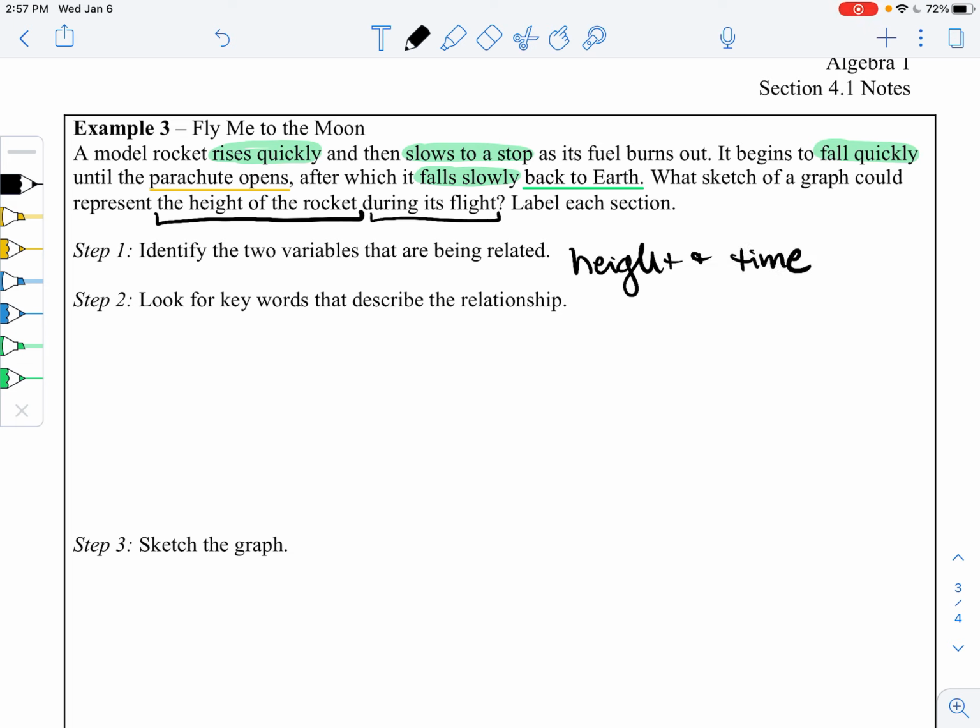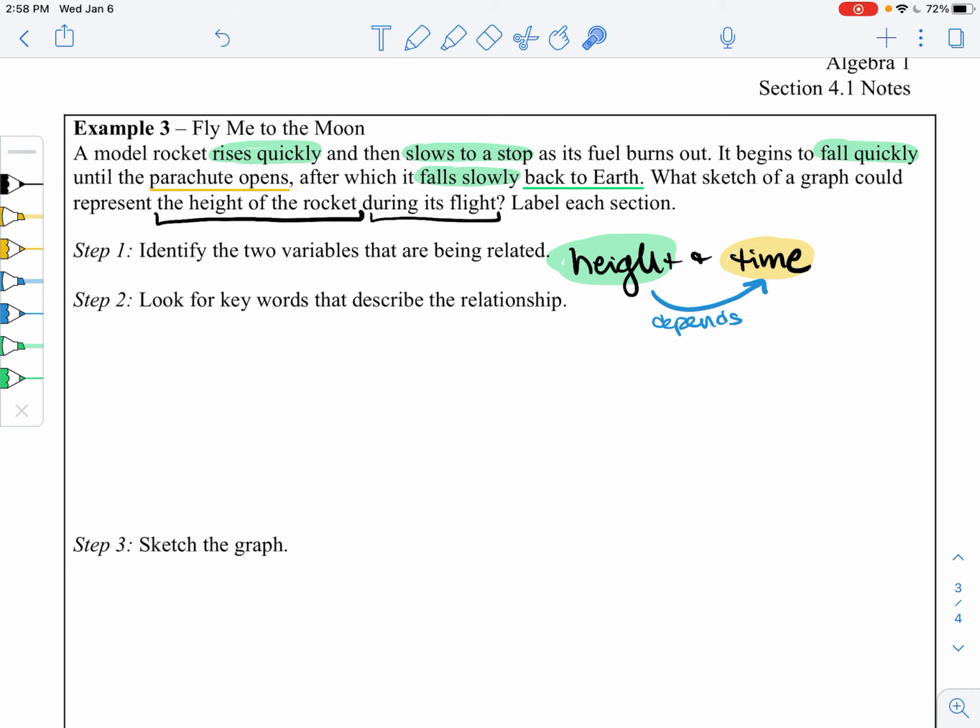And then we need to look for keywords that describe that relationship. I already did that a little bit as we go. Because our height depends on the time, that means our height is going to be our dependent variable, and our time is going to be our independent variable.